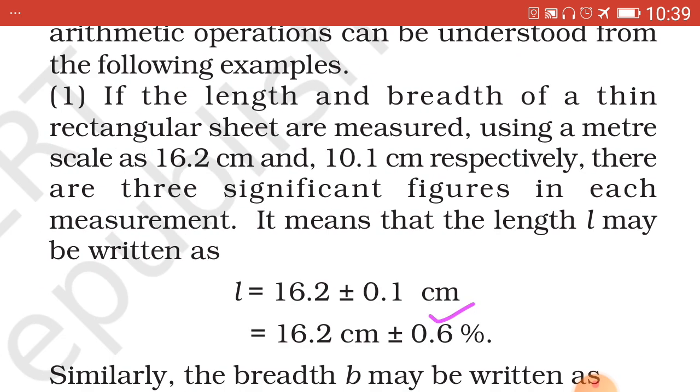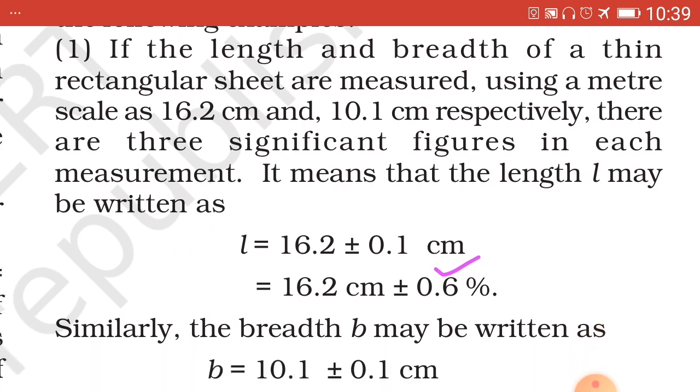This has to be understood with the help of examples. Say length L equal to 16.2 plus minus 0.1 centimeter, which is equal to 16.2 centimeter plus minus 0.6 percentage.